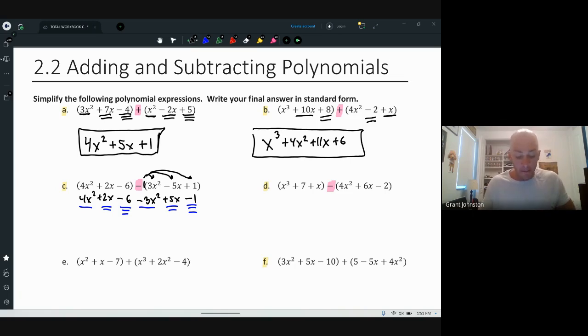So 4x squared minus 3x squared would just be 1x squared. A 2x and a positive 5x would make 7x. And a negative 6 and a negative 1 make negative 7.